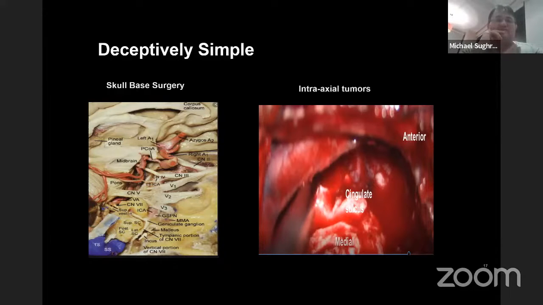But there's one advantage that skull-base surgery has that intra-axial tumors do not, and that is that the anatomy is visible and we know all of it. There's a lot of it, but it's a finite number of things. We can count it out, and there are fewer than 200 parts of the skull base that you need to know to do most operations.